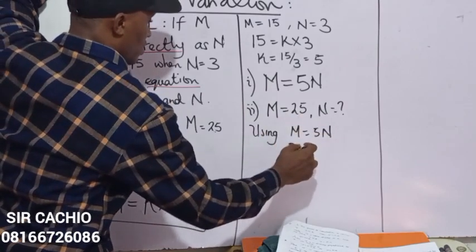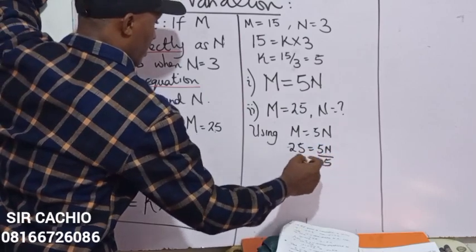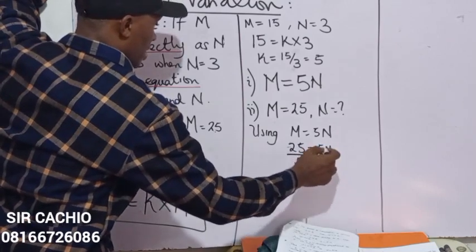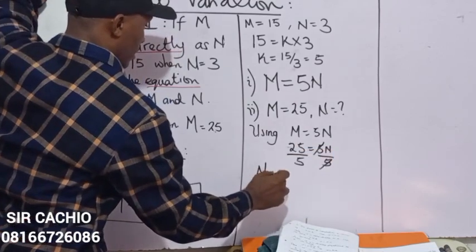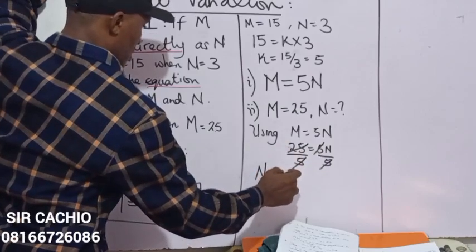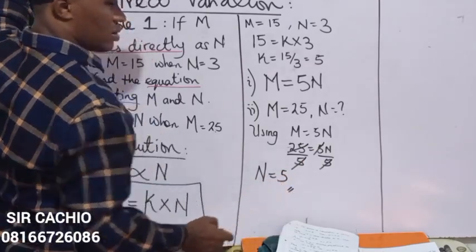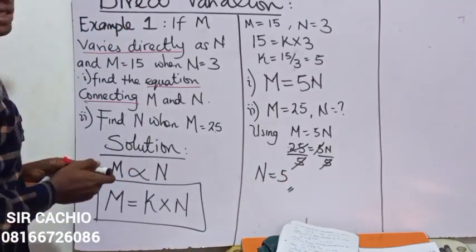We have m is 25 equals 5n. Divide both sides by 5. My n will be 25 divided by 5, which is 5. And that's just it for example 1.